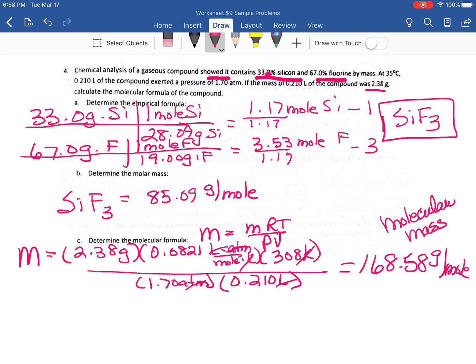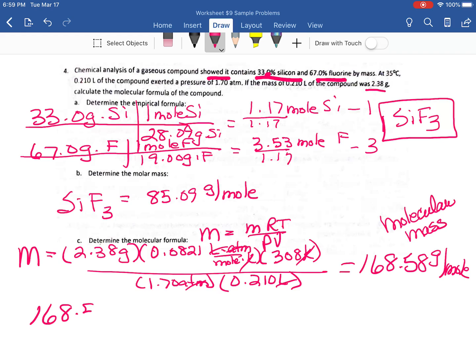And if you remember when we went from empirical formula to molecular formula, the molecular formula is some multiple of the empirical formula. So what we want to find out now is if SiF3 is 85.09 grams per mole, but the molar mass of our molecule is 168, it must be some multiple of SiF3. So what multiple is that?